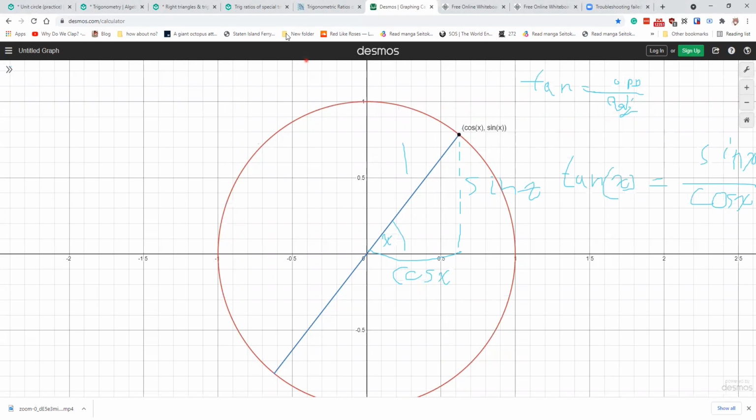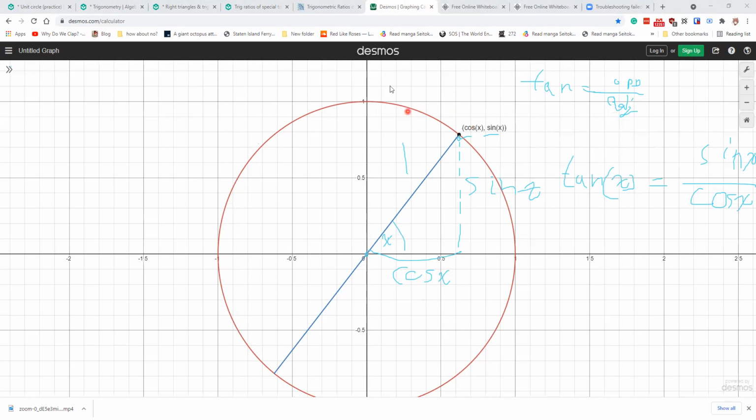So if you think of the sine of x as being the y coordinate, and the cosine of x as being the x coordinate, then remember how we compute the slope of the line between 2 points. If we have sine of x and cosine of x, then we would do the y-coordinate of this point minus the y-coordinate of this point, divided by the x-coordinate of this point minus the x-coordinate of this point.